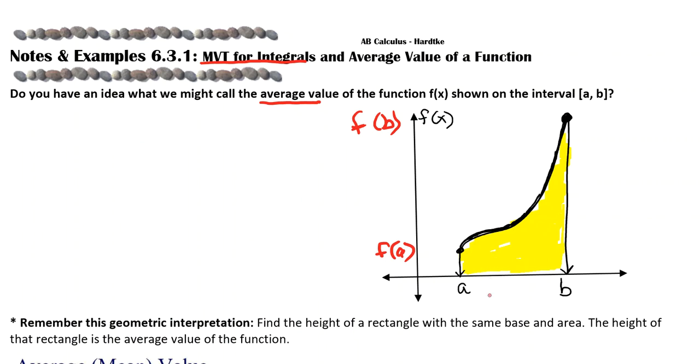And we know that there's some rectangle that has the same base, b minus a, and the same area as this yellow rectangle. So if we shaved off some of this higher area and filled in below, for example, if I chose, and I don't know if I chose exactly correct, I'm just doing this by observation, but does it appear that this red rectangle might have the same area as the yellow shaded integral?